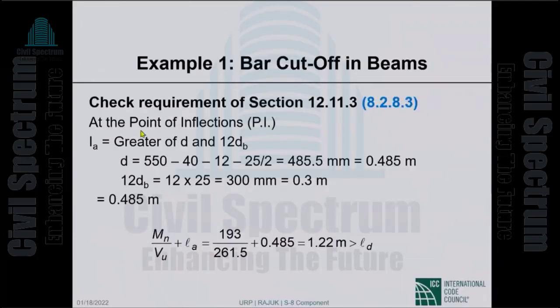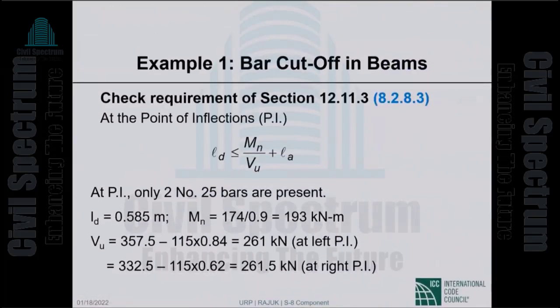I'm sure that this statement can be verified because it is getting late. So at the point of inflection, only two number 25 bars are present. L sub D was calculated as 585 millimeters. M sub n is 193 kilonewton meters. This is the 174 divided by 0.9.